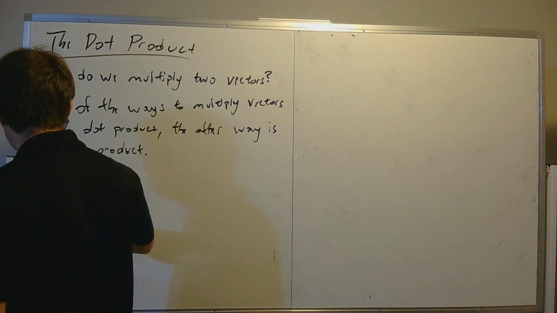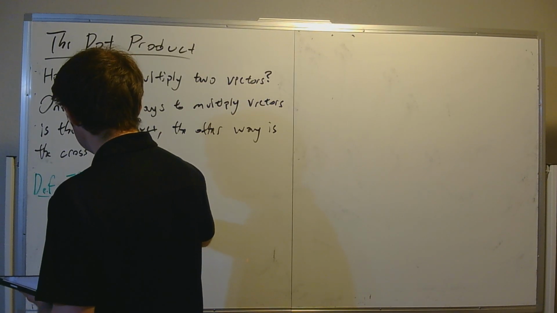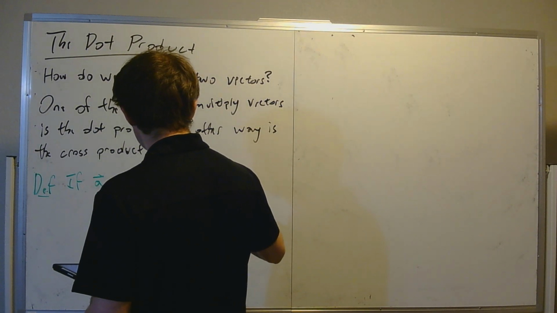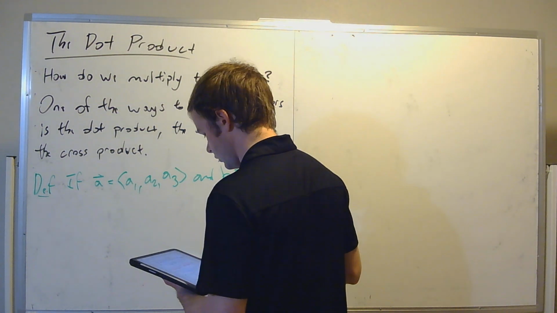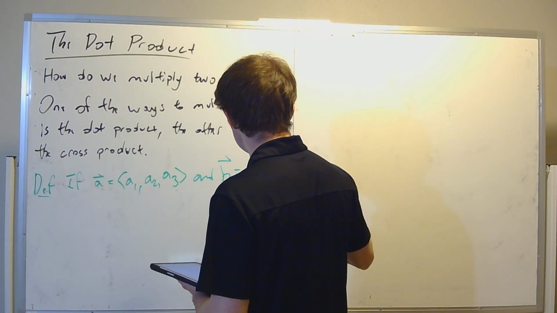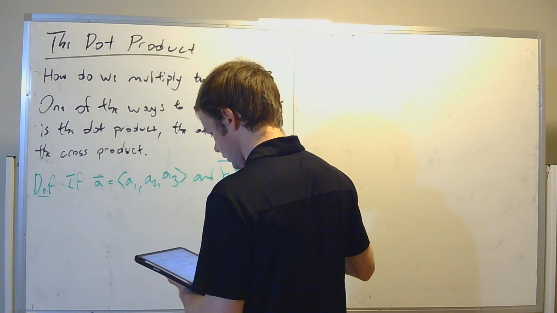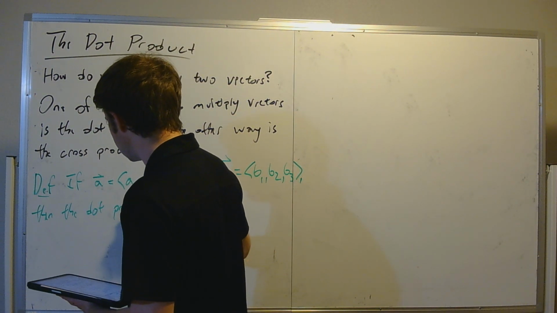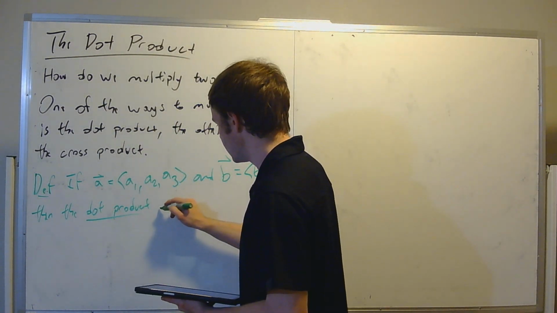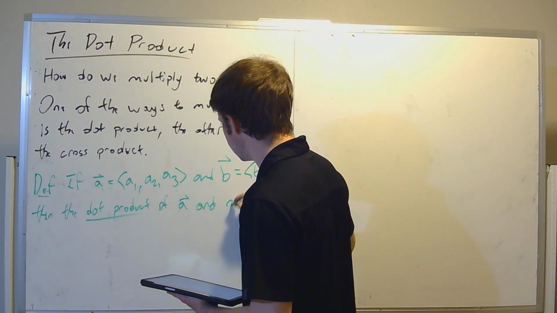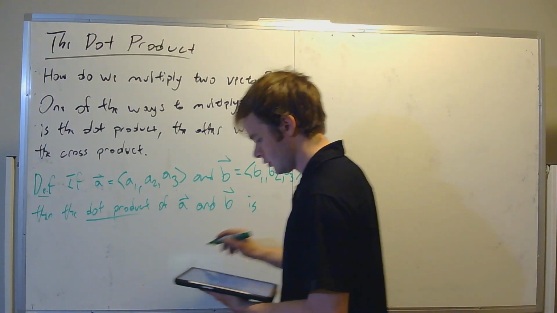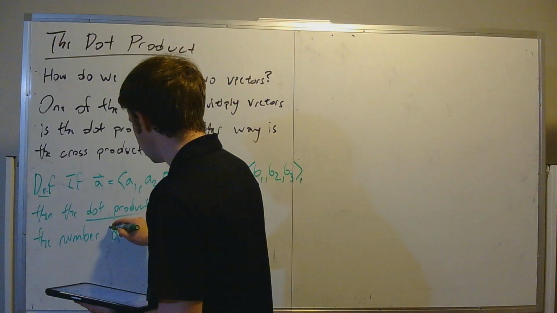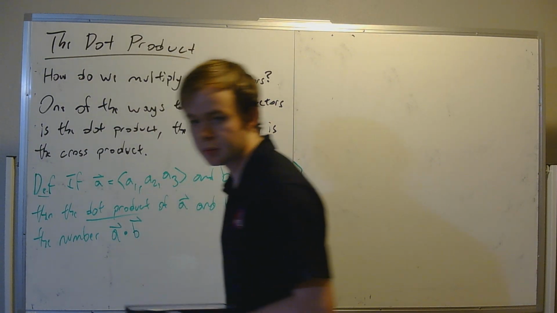So, definition: if A equals A1, A2, A3, and B equals B1, B2, B3, then the dot product of A and B is the number A dot B, so that's what we call the dot product.